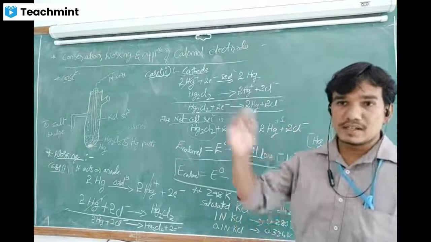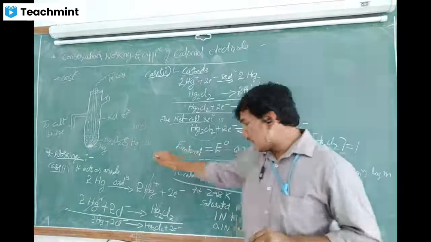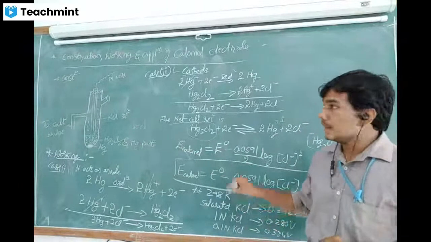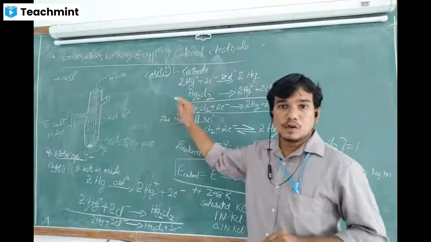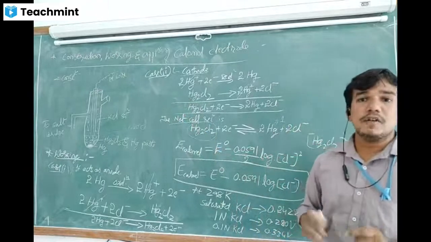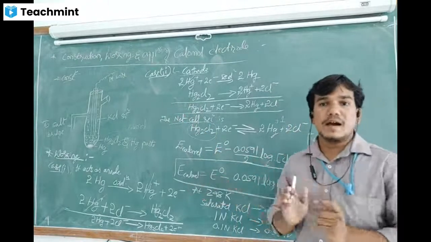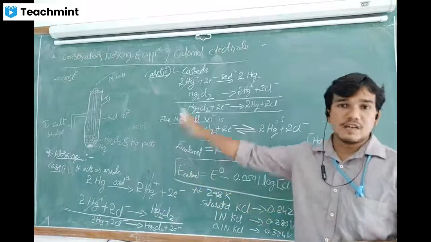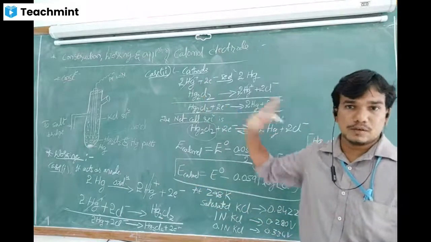If temperature increases, the cell potential will not change. It will be constant. So from the calomel electrode, we can calculate the electrode potential of any other metal or electrode. Okay, so these are the applications of the calomel electrode.